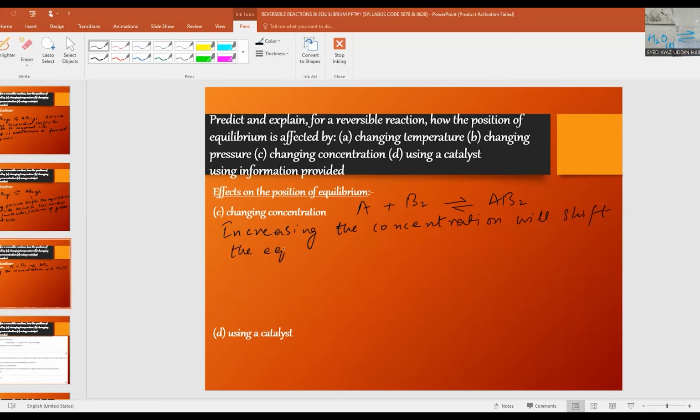Increasing the concentration will shift the equilibrium to product side.